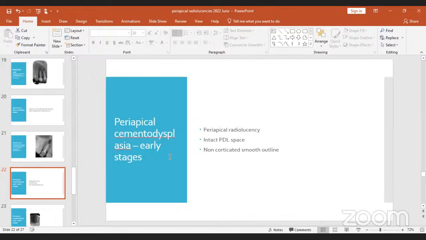In the early stages of periapical segmental dysplasia it will be radiolucent, but the patient will not have any symptoms of pain. In fact, this will be an incidental finding. The periodontal ligament space will be intact, not widened, and these radiolucencies do not have any cortication. It's just a non-corticated, smooth outline.